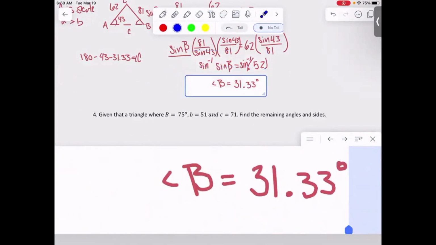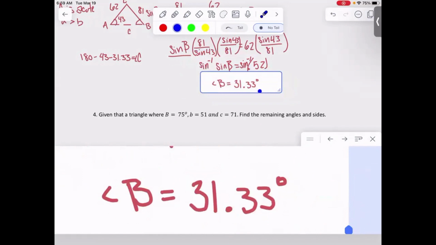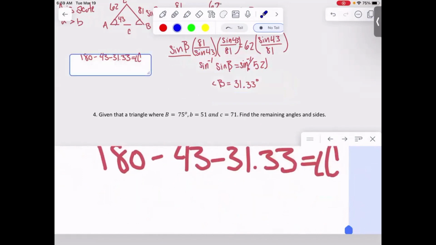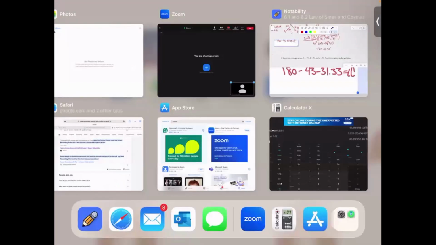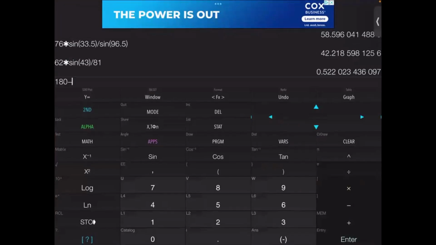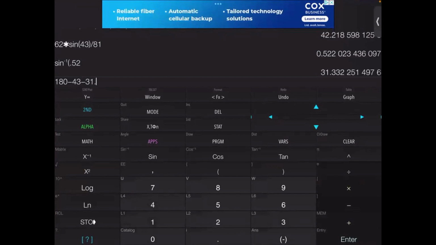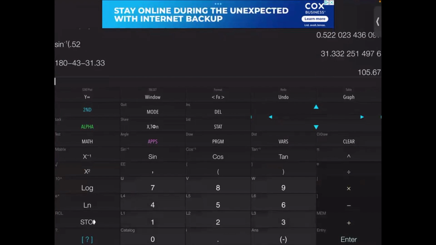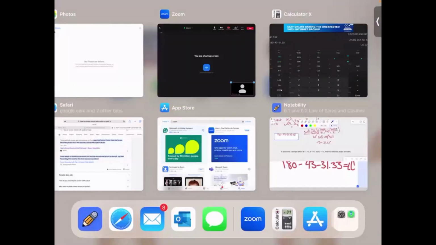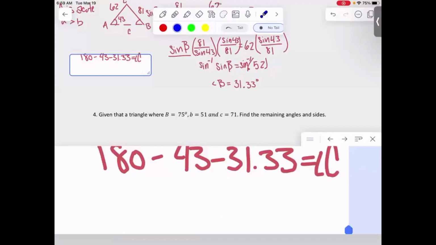Then we get angle B, which is this. We can find angle C by subtracting from 180. So 180 minus 43 minus 31.33, we get 105.67 for angle C. So C is our obtuse angle here.